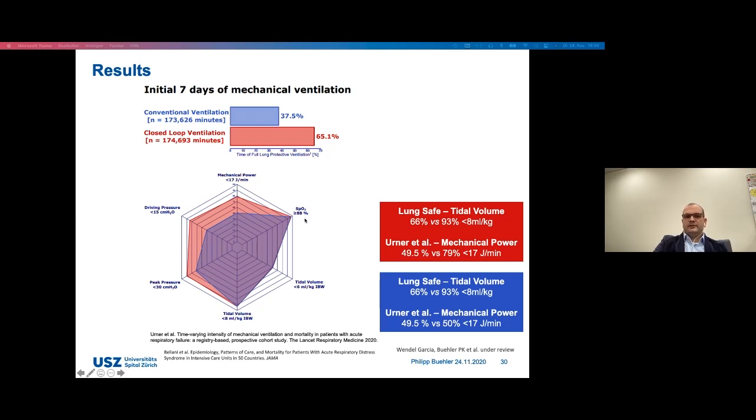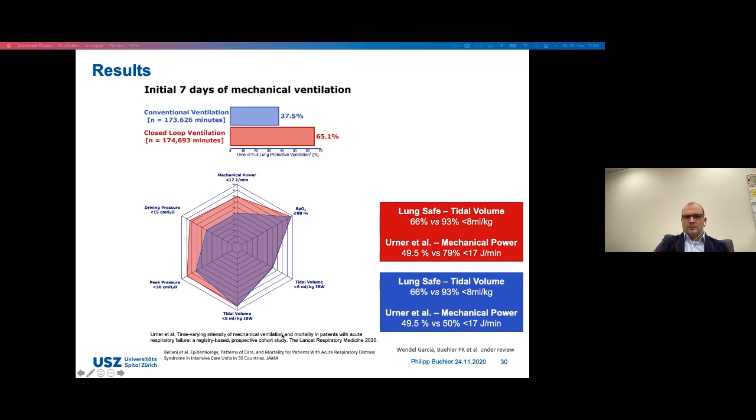Based on the results of our study, we demonstrate the success of closed loop ventilation in achieving lung protective ventilation when compared to the conventional group. Now you see these boxes, the blue and the red boxes. The blue one is the conventional group and the red one was the closed loop.